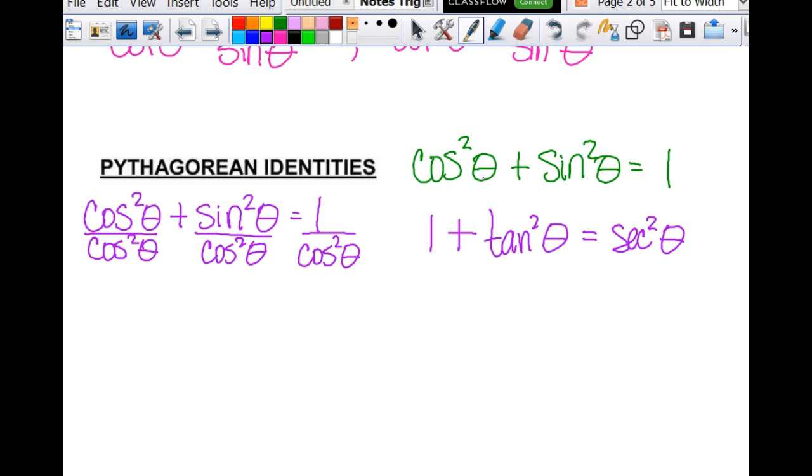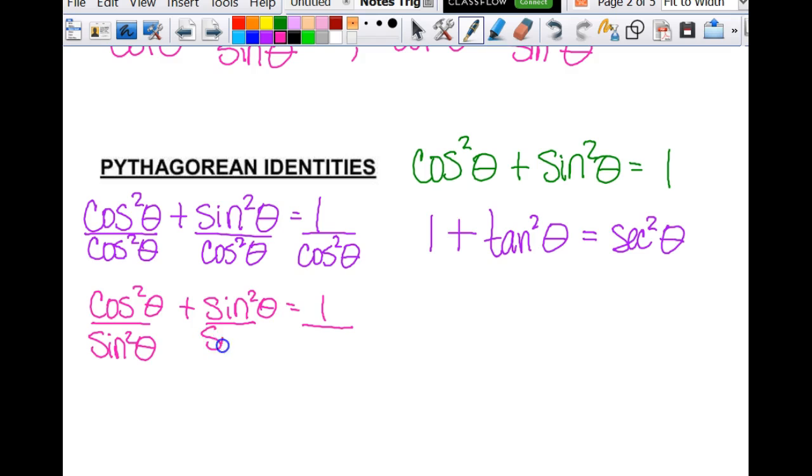Now we're going to rewrite that one more time. Cosine squared theta plus sine squared theta equals 1. And we're going to divide each one of these this time by sine squared theta. What's another way to write cosine squared theta divided by sine squared theta?